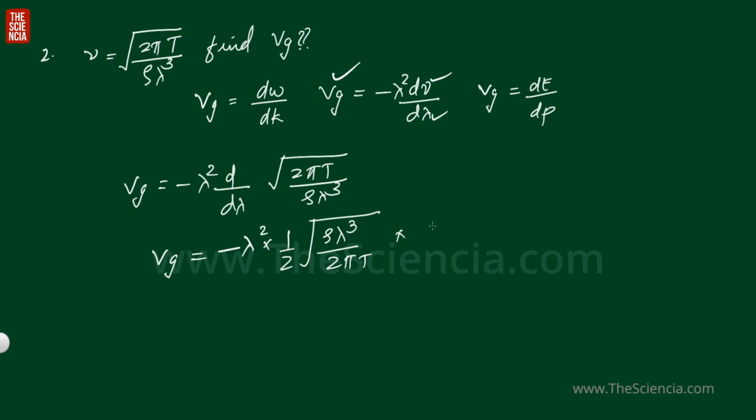So what we get? 2 pi t by rho into minus 3 by lambda raised to 4. So you just cancel out the terms and find out the final value for Vg. So work for you, okay? Some work for you.